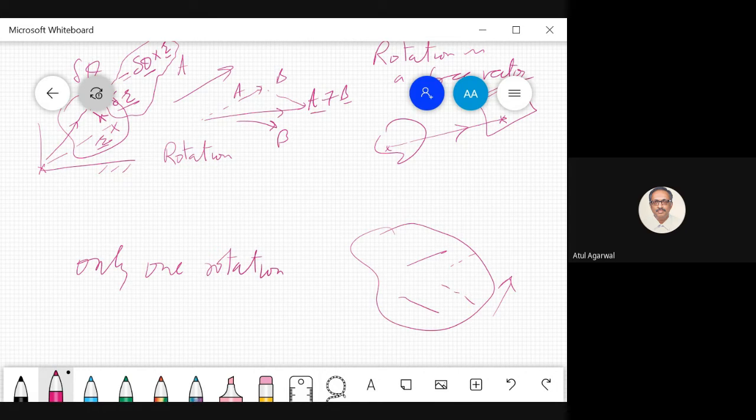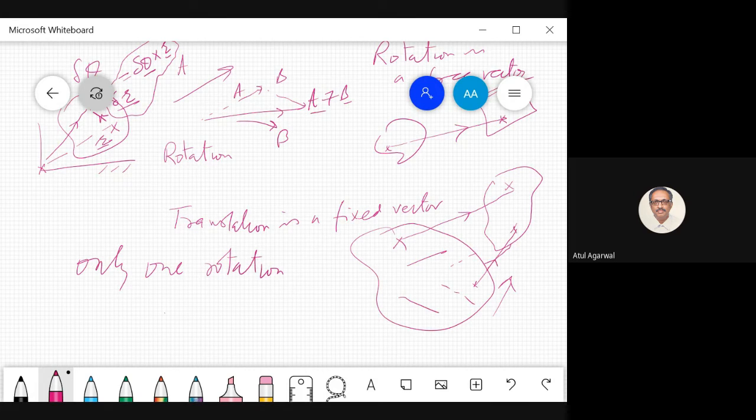While if you take any point in the body, suppose you take this point, body travels to another position. This is one vector. Any other point in the body, it may suffer a different amount of displacement. So translation is a fixed vector. It depends on the position. It is different for different positions.